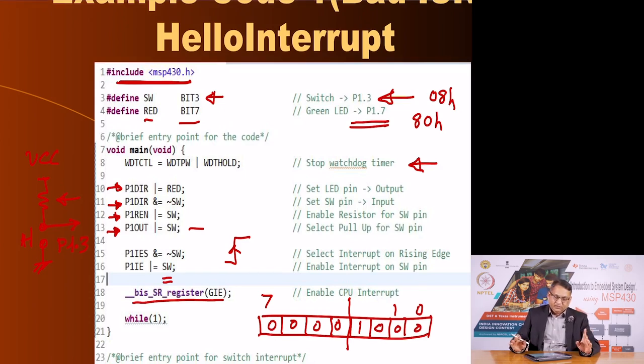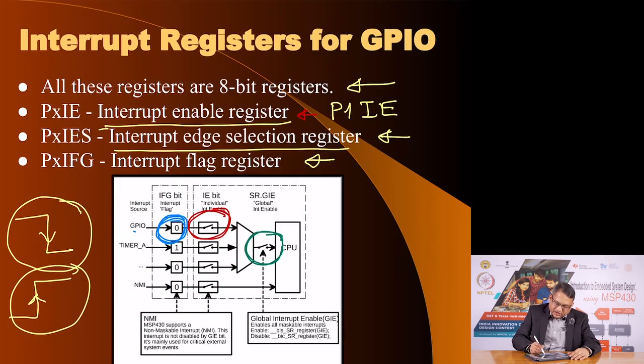Now, I am ready. If I go back to that block diagram, basically what I have done is, using that instruction I have turned this on, and the earlier instruction I have enabled the particular bit.